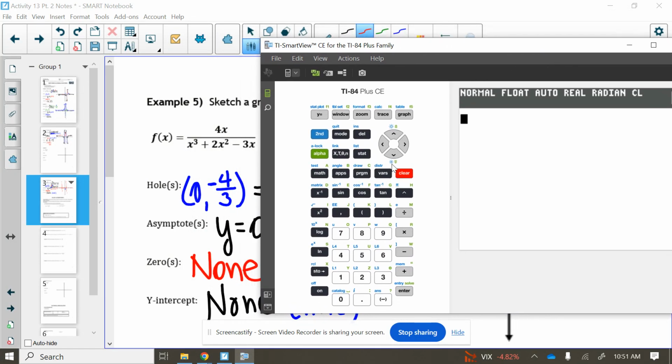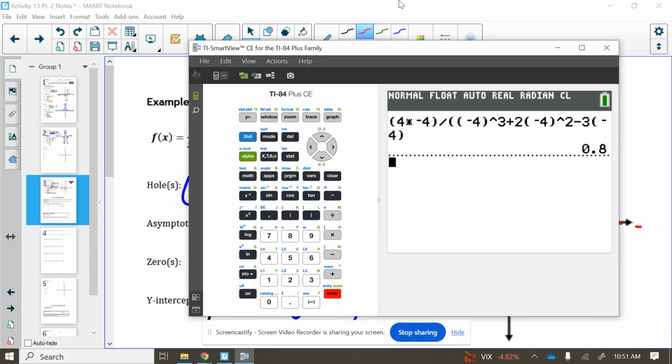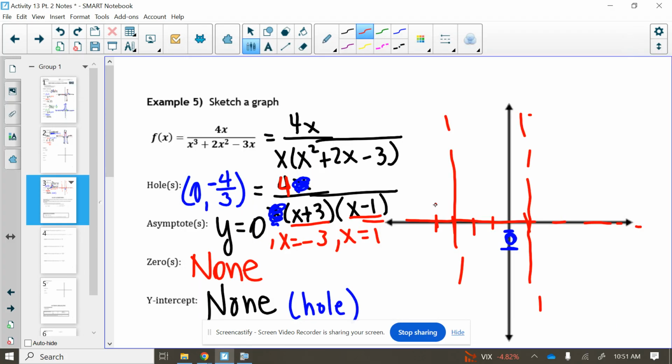Even if I plug it into the original, I'd have 4 times negative 4, all divided by negative 4 cubed, plus 2 times negative 4 squared, minus 3 times negative 4. I end up with a positive value of 0.8 when I plug that in.